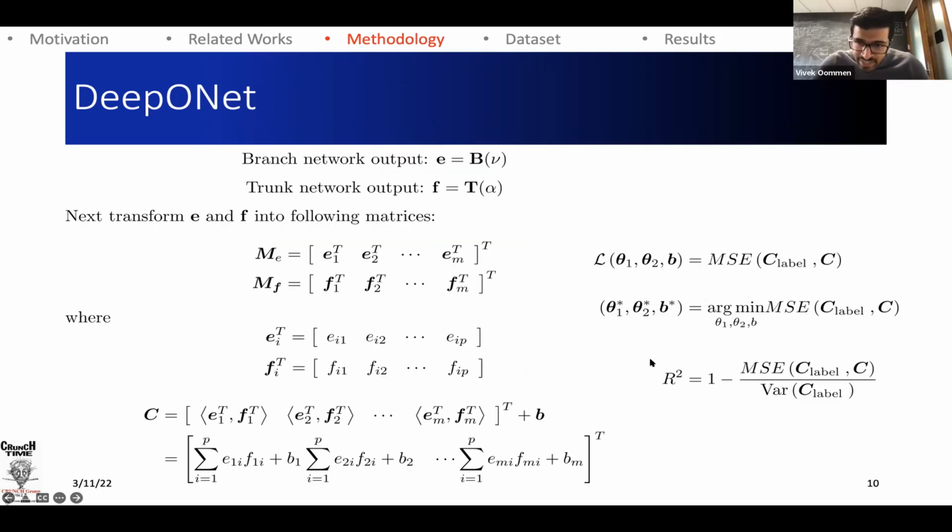As a metric to evaluate the performance, they are using R square, which is 1 minus the mean square error between the predicted and the true functions divided by the variance of the true functions. They call this R square term accuracy in the remaining part of the paper.